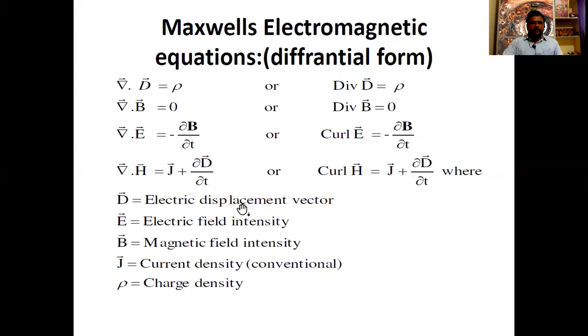D is the electric displacement vector. E bar is the electric field intensity. B bar is the magnetic field intensity. J bar is the conventional current density. Rho is the charge density within the conductor or within the volume where current is passing through.